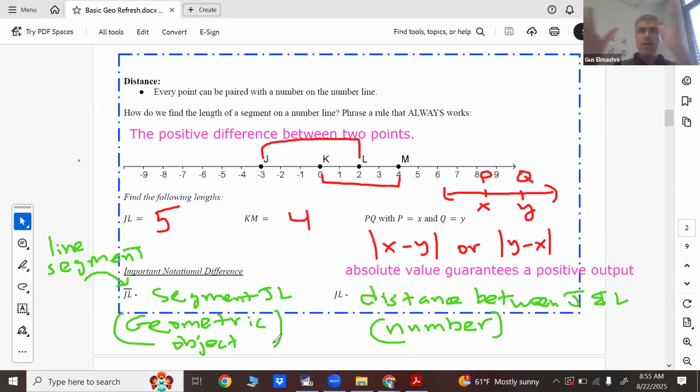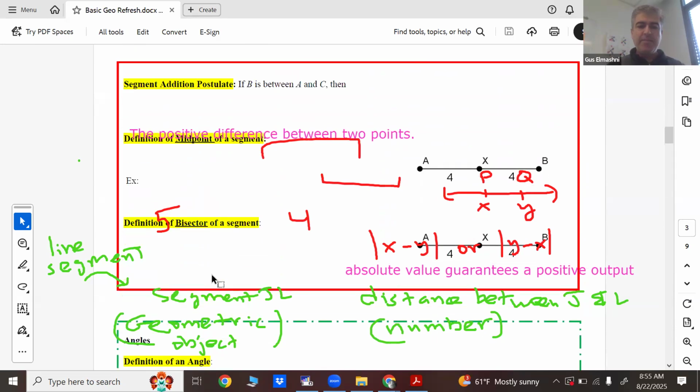Geometric object, a number. Okay. So questions so far? You're hanging in there? All right. We're going to be done with this fairly soon. Adam, do you want to read the part about segment addition postulate?